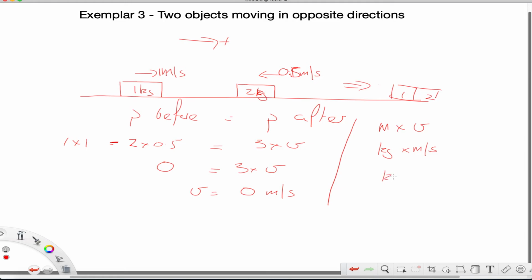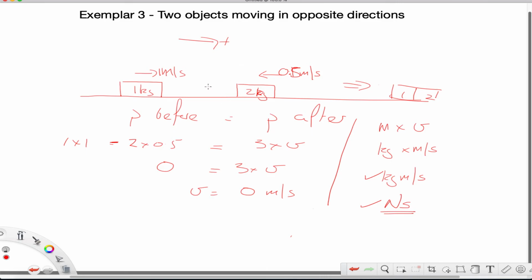So that is kilograms meters per second. Now if you look at Newton's second law, you'll see that that looks quite like Newton seconds. So two possible units for momentum, kilograms meters per second or Newton seconds.